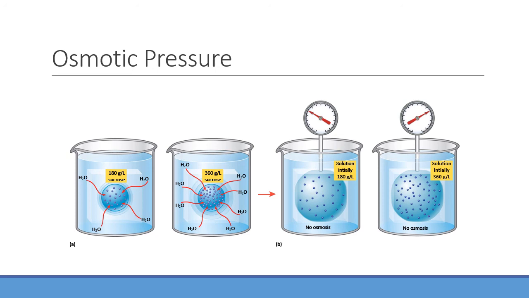So for instance, if I have a case where my patient's really dehydrated and they have low intracellular fluid concentrations, if I want to replenish that, I can do that with osmosis. And I'll show you some ways we can do that a little bit later with our fluid selection. And actually, one of the biggest things you're going to do if you're ever admitting a patient to the hospital is deciding what type of fluids you want to give them. If they're NPO and they can't take in anything, you want to decide, okay, do I want to give them free water, just plain water, or do I want to give them something with some solute in it?